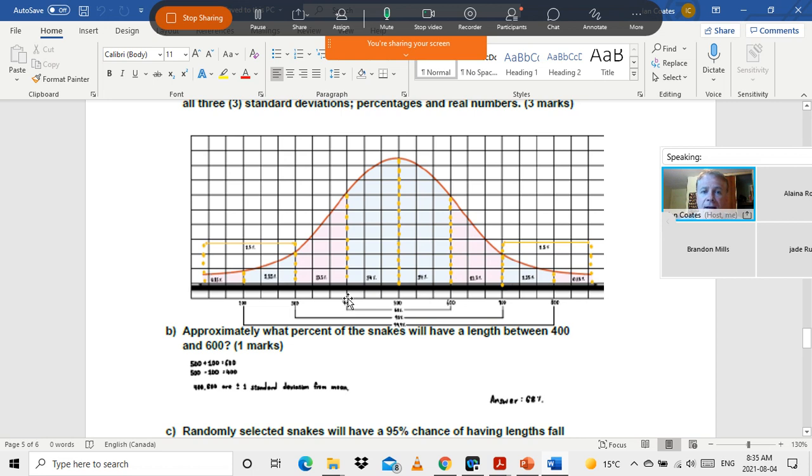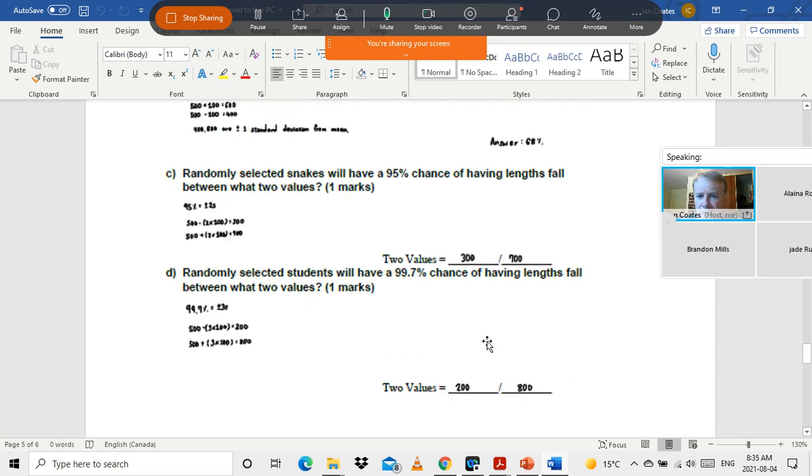Your second deviation will be at 300 and 700, and then within 3 standard deviations, will be 200 and 800. So there we go. There are your numbers.